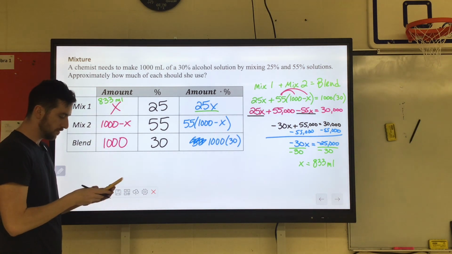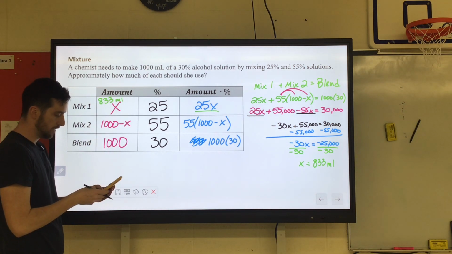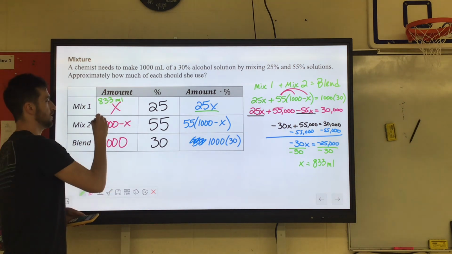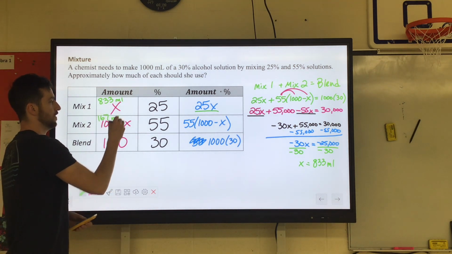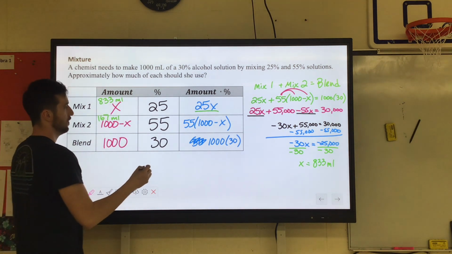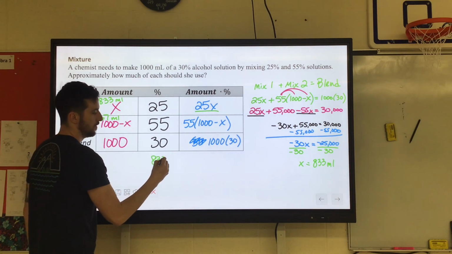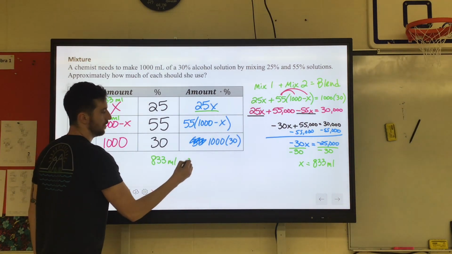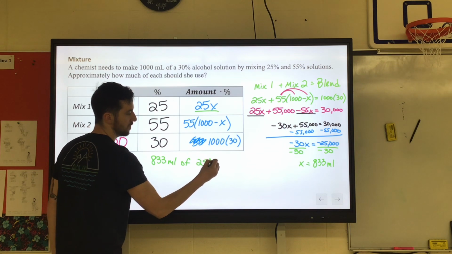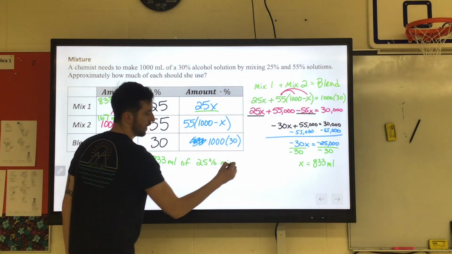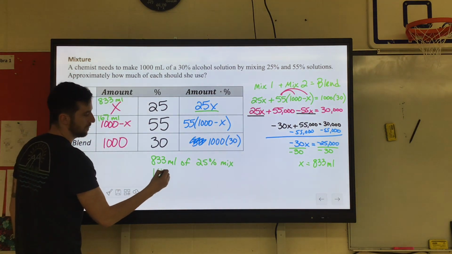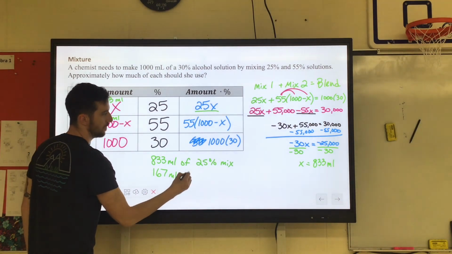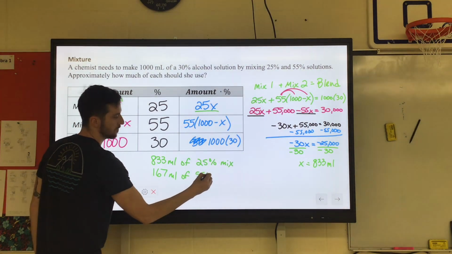So 1,000 minus 833 is 167 milliliters. So we could say 833 mil of the 25% mixture and 167 milliliters of the 55% mix.